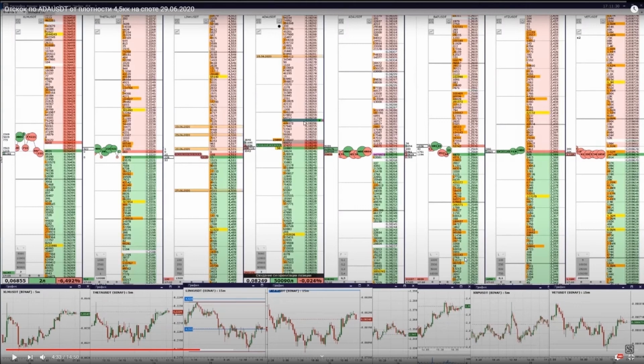It's when there is like one half or one third of this density left on the spot, so it's being eaten, we close our position by hand just with the market order.